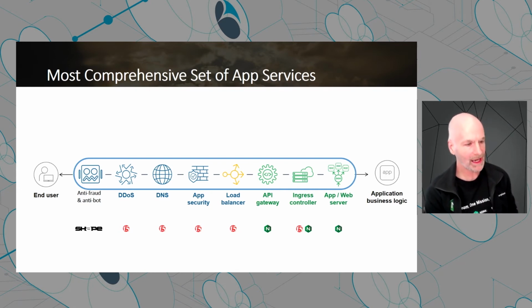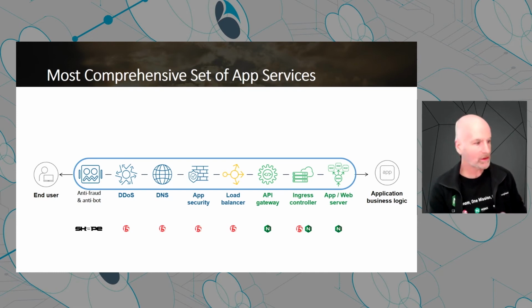That allows you to protect yourself against zero-day or unknown attacks. We then got things like DNS, global server load balancing, DNS security, DNSSEC, DDoS mitigation, obviously another key function that you need in your application services armory.